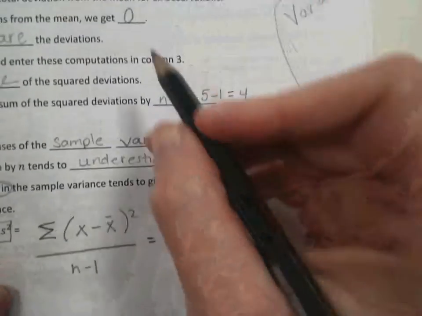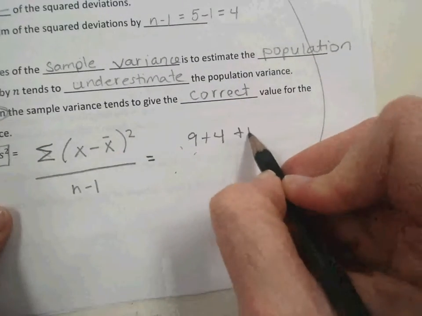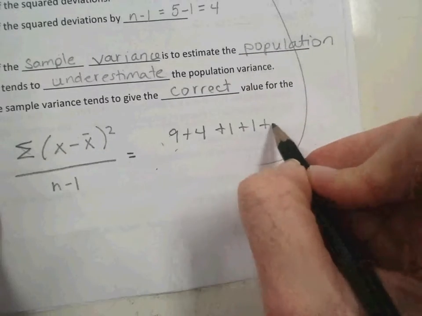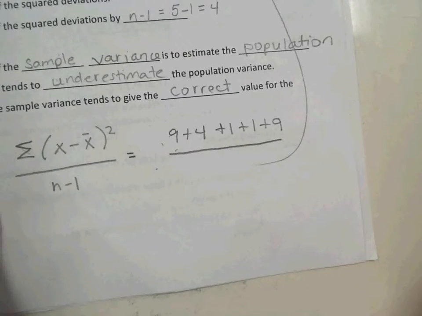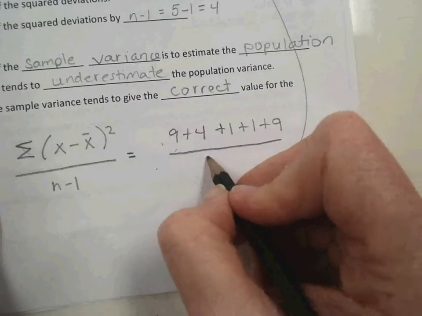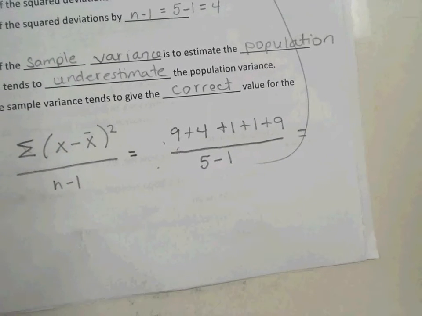So we're going to add up 9 and 4 and 1 and 1 and 9. It's a fancy way of writing something. It's really not that fancy. We're just adding up all of the squared differences, dividing by n minus 1.